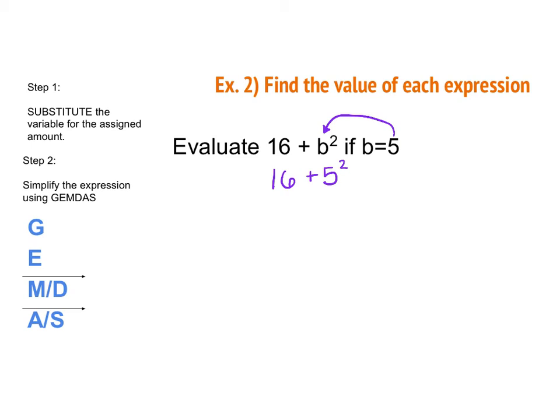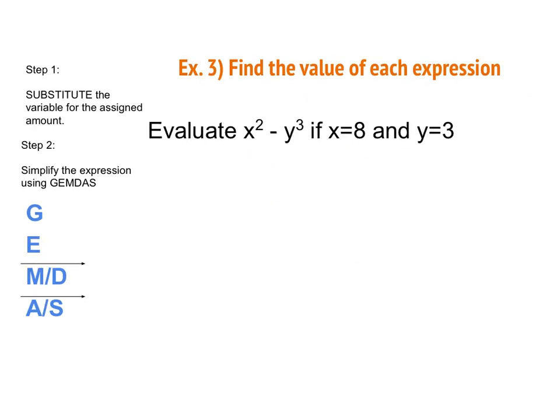Then we use GEMDAS. So I see addition, but I also see exponents. So what am I going to do first? My exponents. So 5 squared means 5 times 5, which is 25, plus 16, and then I'm going to add, which is 41.